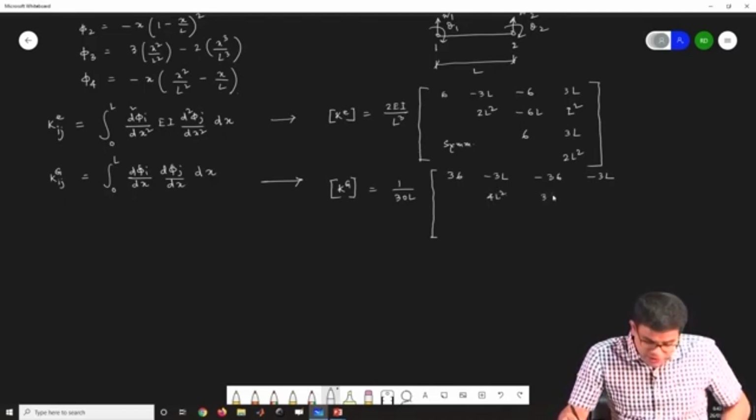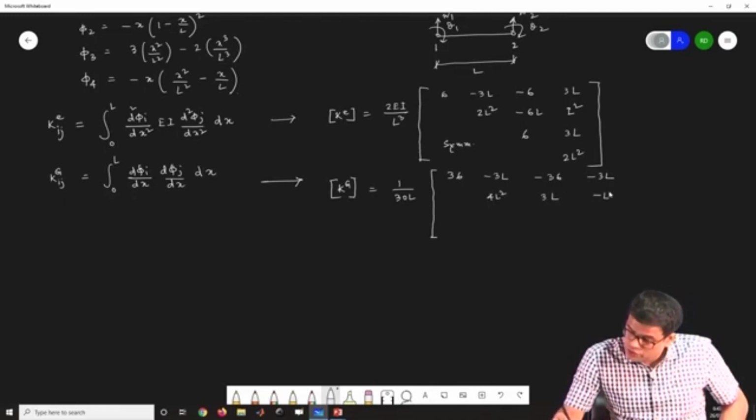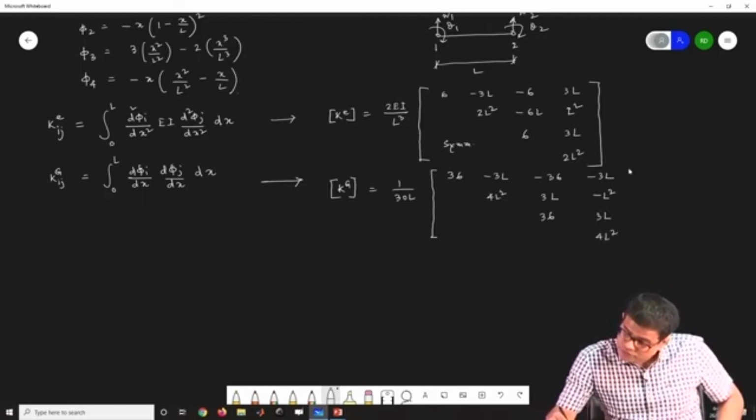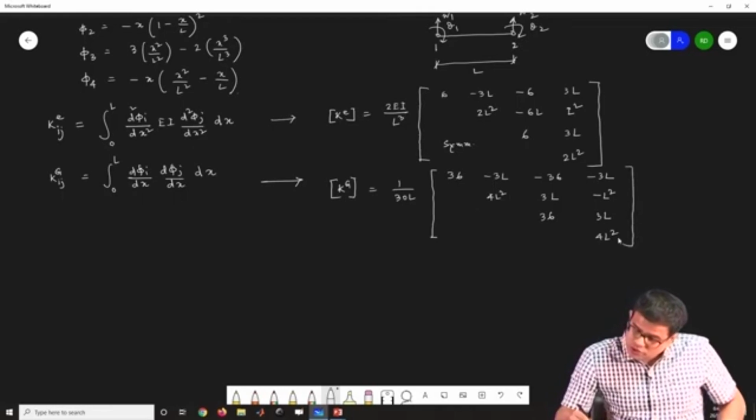It is just an integration, so you can check the entries: 36, 3L, and 4L². So this is my symmetric matrix.